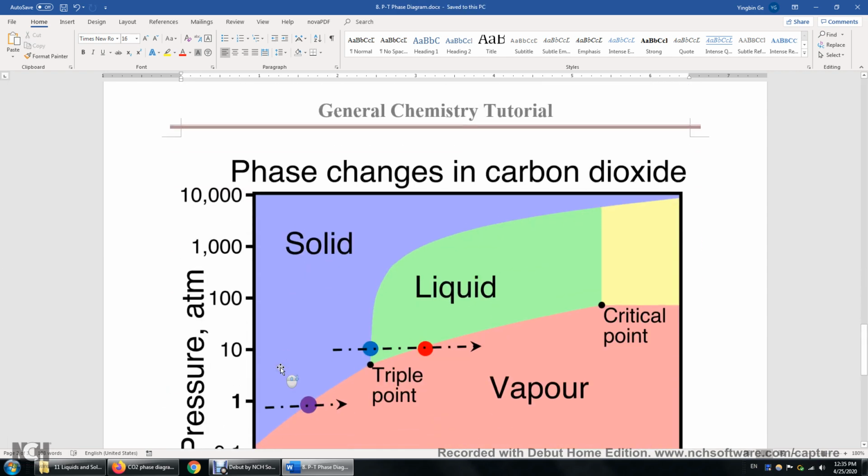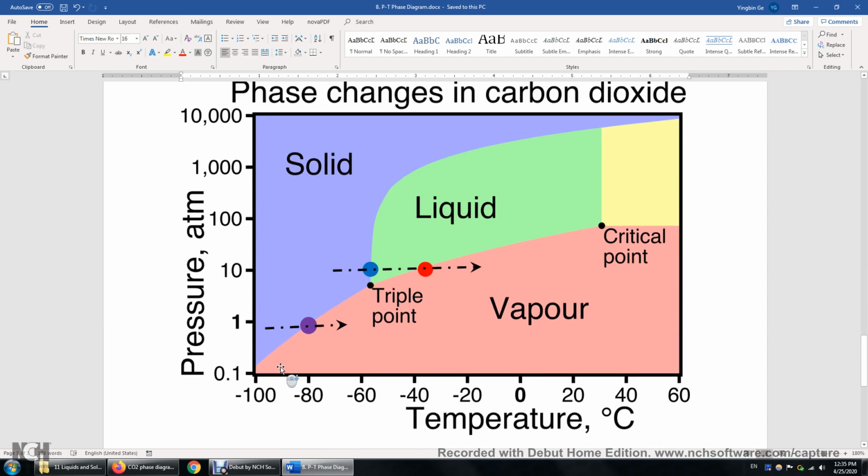Now let's look at CO2. This is the phase diagram of CO2. First, let's look at the horizontal axis. That's the temperature in degrees Celsius. Pressure is in atm. And then let's look at the normal pressure, 1 atm pressure over here. Under 1 atm pressure, we cannot observe liquid CO2.